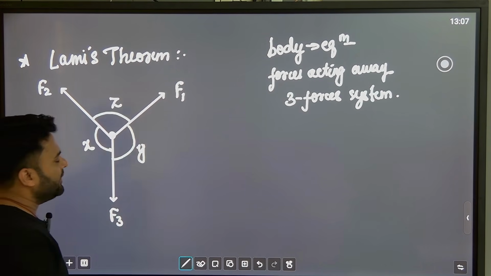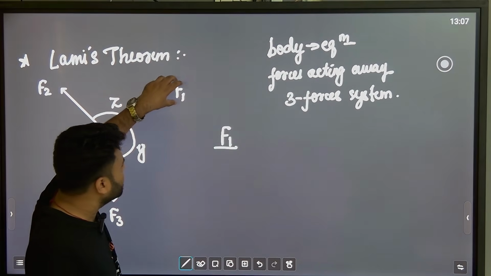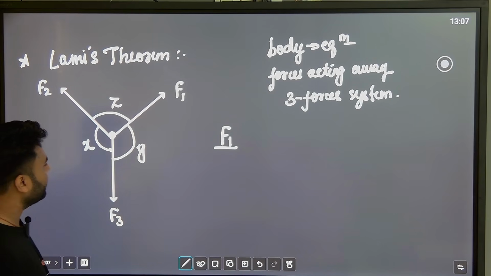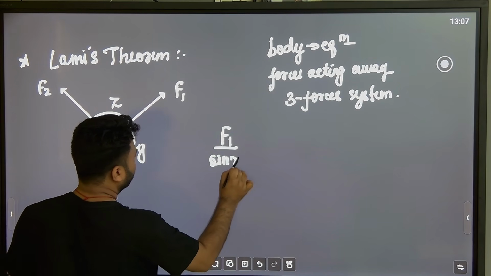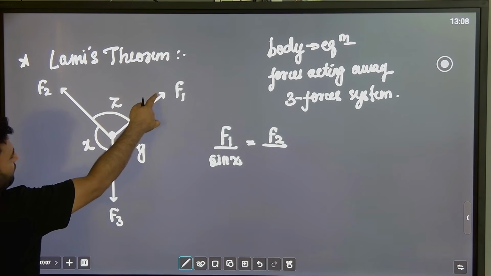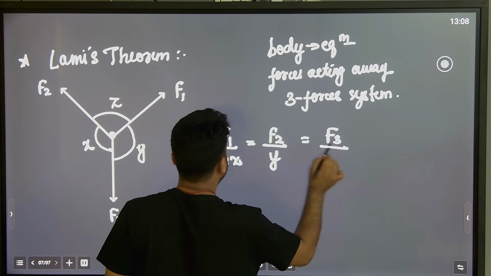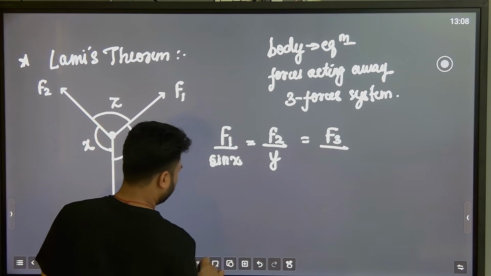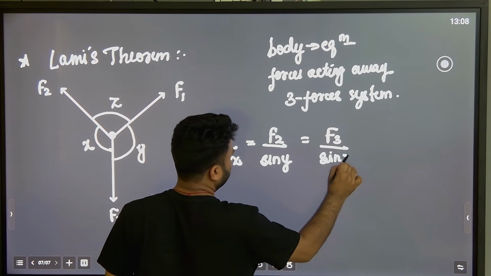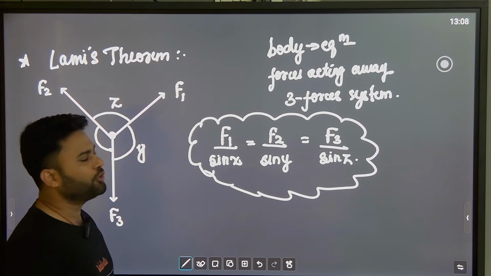Then Lami's theorem says F1 divided by sine of the opposite angle, the angle formed by F2 and F3, that is sine x, is equal to F2 divided by sine of its opposite angle, formed by F1 and F3, that is sine y, is equal to F3 divided by sine z. This is Lami's theorem that you need to remember.